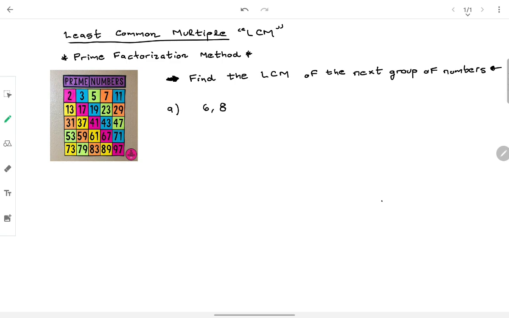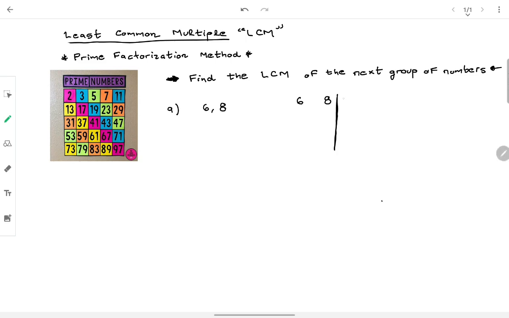So let's see some examples of how we find the least common multiple of a group of numbers using the prime factorization method. In the first example, we are looking for the LCM of 6 and 8. What we need to do is put our numbers in a little table, and we are going to divide by prime numbers until we get 1 in both numbers.